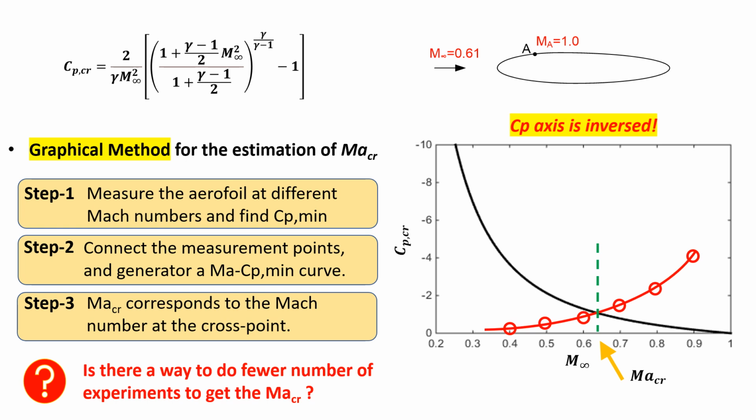We don't want to do so many measurements, and it's very expensive to do such high-speed measurements. So that's the idea. This is the introduction of the graphical method. I believe you can understand now how to use a graphical method to estimate the critical Mach number.